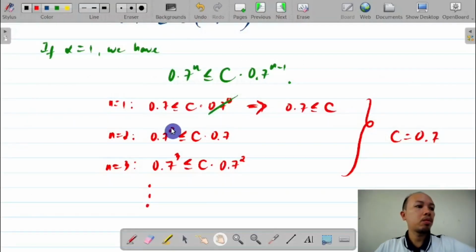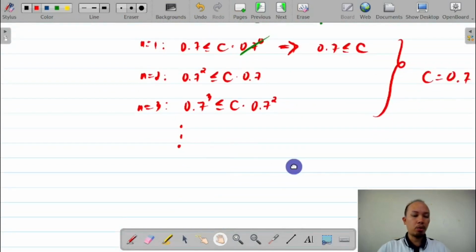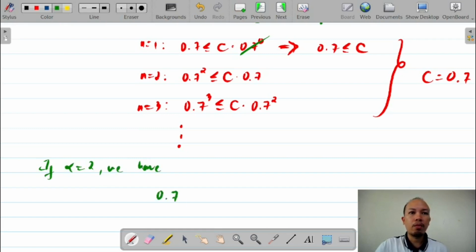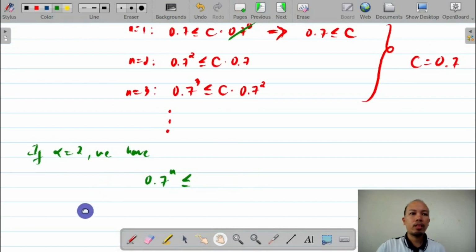Let's go back to our open board. How about if we try alpha to be equal to 2? We have 0.7 to the n less than or equal to c times 0.7 to the n minus 1 raised to the power of 2.